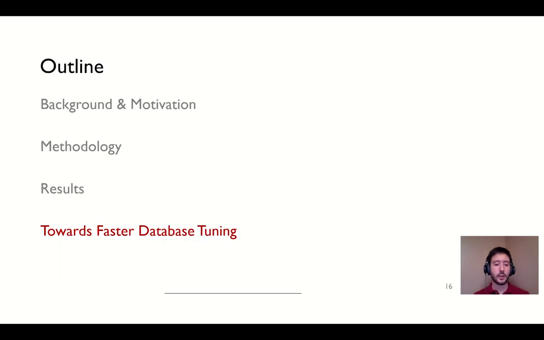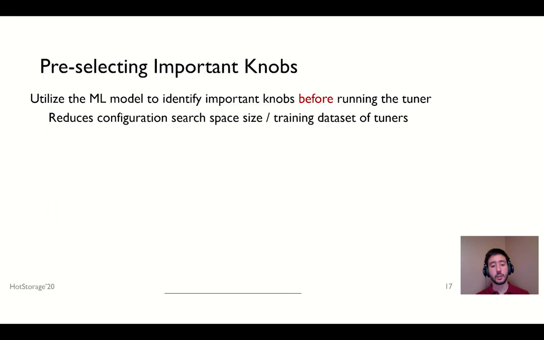So in this last part of the talk, I'm going to focus on how we can exploit these observations to make database tuning faster. Our proposal is to utilize a machine learning model to identify the important knobs before actually running the tuner. And our key insight here is that this will reduce the configuration search space of the tuners.